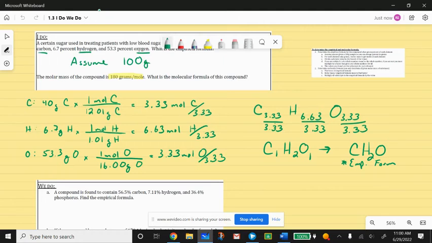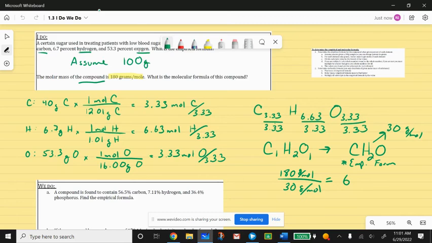Well, if I find the molar mass of CH2O, it's pretty much 12 plus 2 plus 16, which is about 30 grams per mole. Which means whatever our compound is, it's really 6 times the empirical formula.